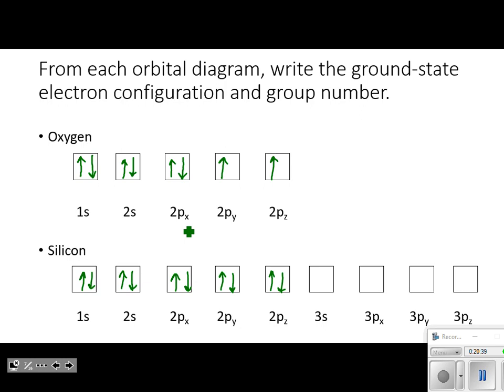Now, the s orbitals fill up. Now I've got 12, 13, 14. So that is my ground state electron configuration. And this is just one way to represent an electron configuration.